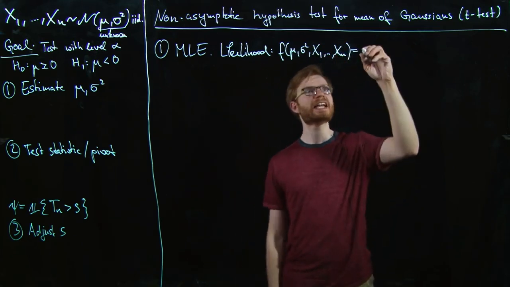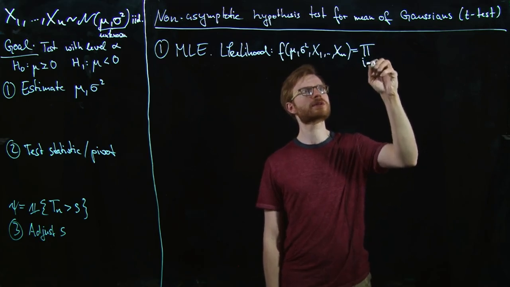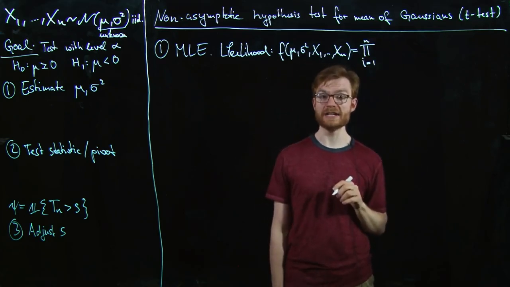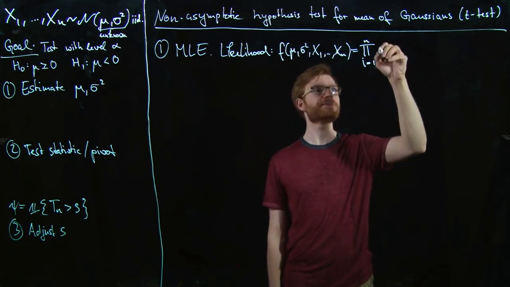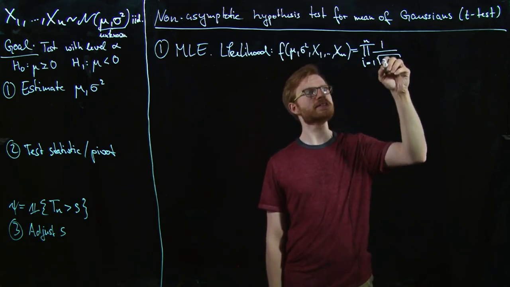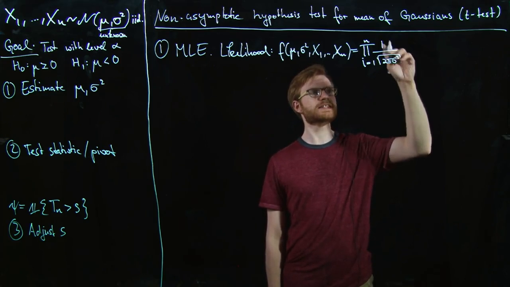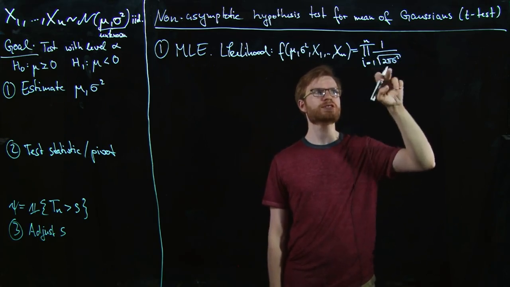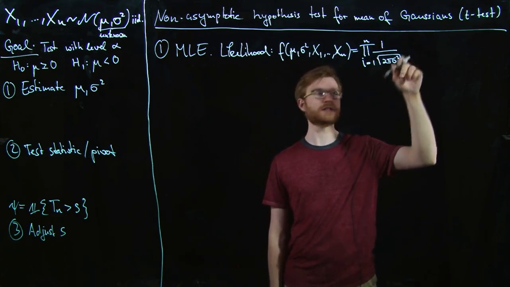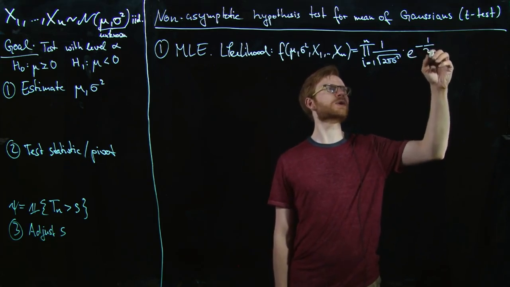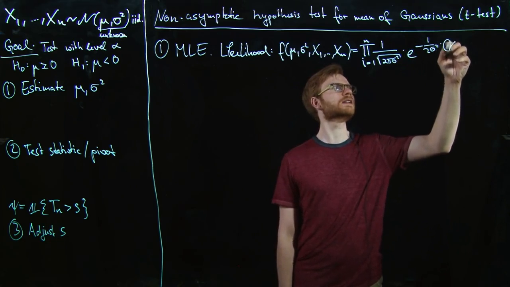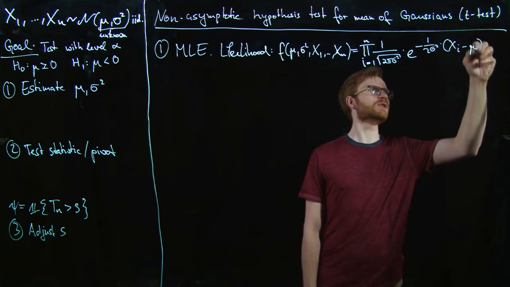Now, I have IID data, so this is going to be a product from i equals 1 to n of the likelihood of each individual xi. And this is Gaussian, so the density has a normalization factor, 1 over square root of 2 times pi times sigma squared, times exponential of minus 1 over 2 sigma squared times (xi minus mu) squared.